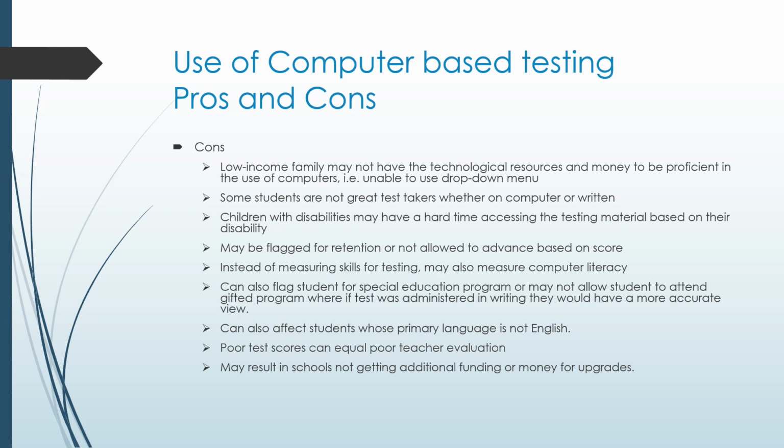They may say that they did poorly when they knew their stuff. So now the student has to repeat the 5th grade based on those results. Computer-based tests, instead of measuring the skills for testing, may also measure computer literacy.